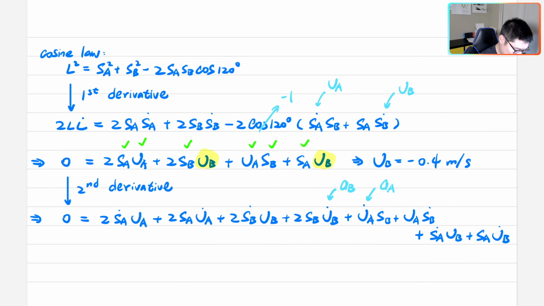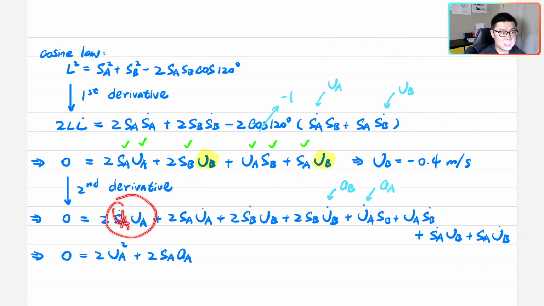Now we can tidy up this equation. 0 equals 2VA squared plus 2SA AA. I'm just noting SA dot is VA, so VA times VA is VA squared. That's how this VA squared is calculated. The same thing applies to everything else.